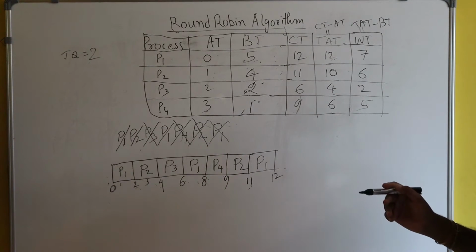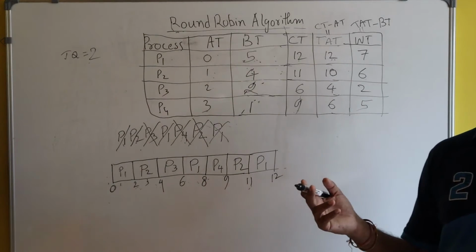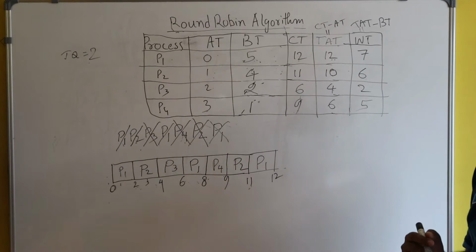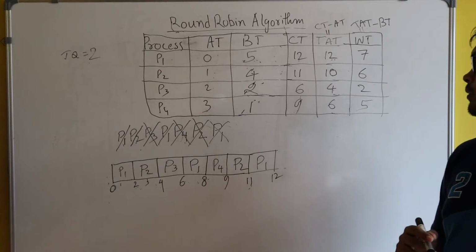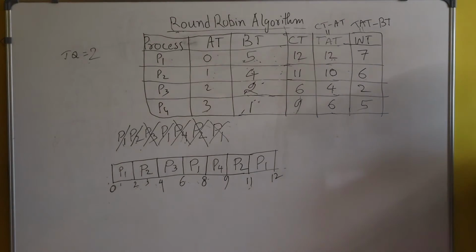So it's a very important topic, round robin algorithm, and I would not say it's difficult, but rather it's more interesting than the rest of the algorithms. Also, I left some important theoretical points for this algorithm that I will tell you now.